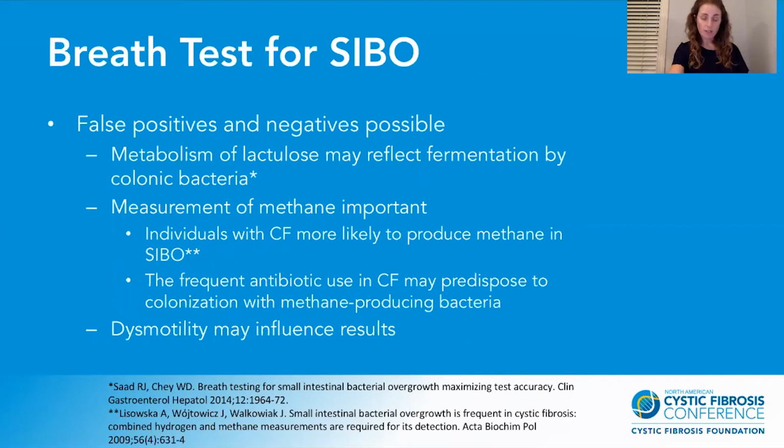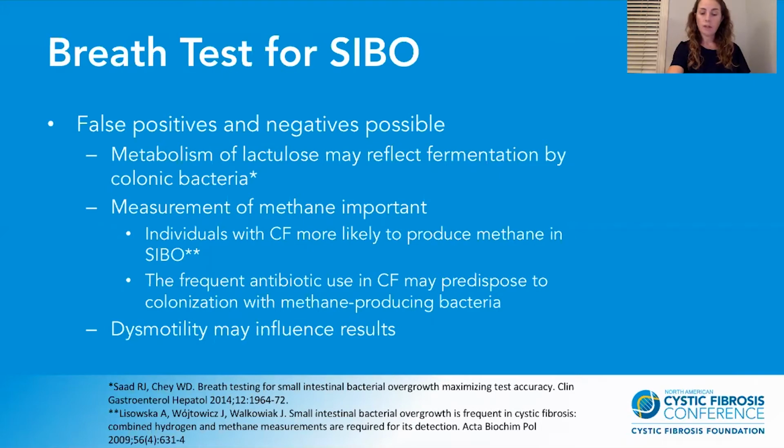As you can already see, there are a number of details that influence the results of the breath test, and some may lead to false positives or negatives. For example, metabolism of lactulose may actually represent fermentation by colonic bacteria and not bacteria located in the small intestine.